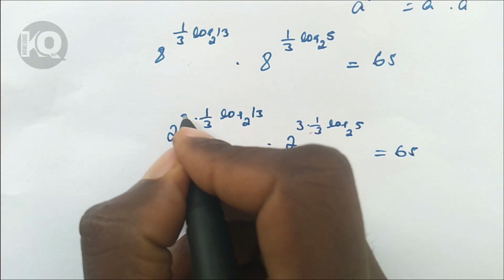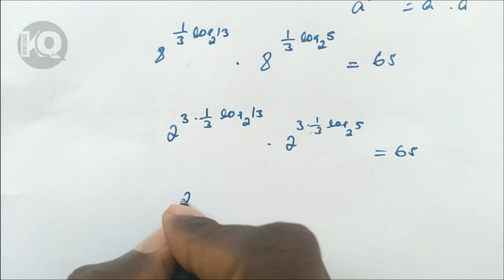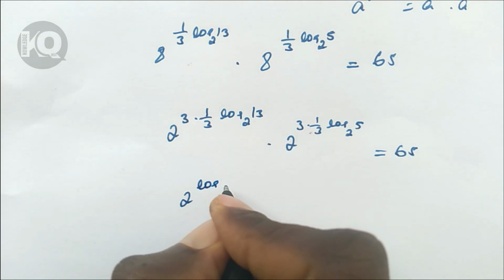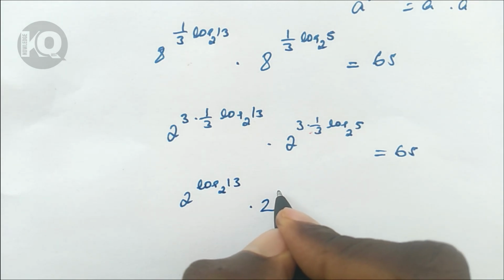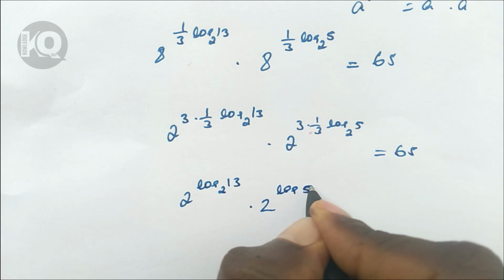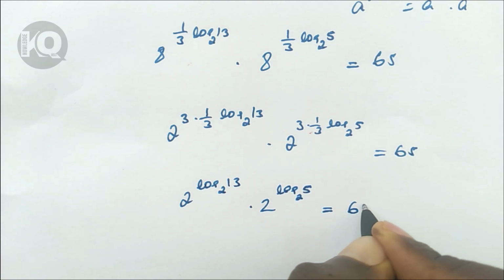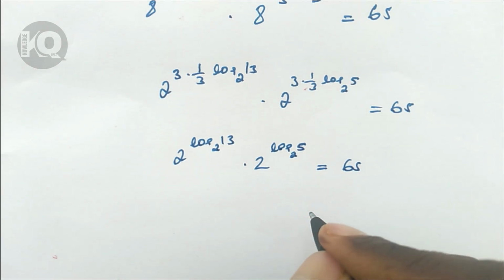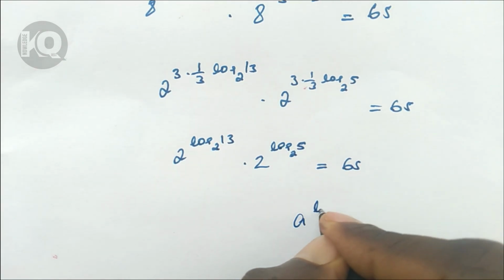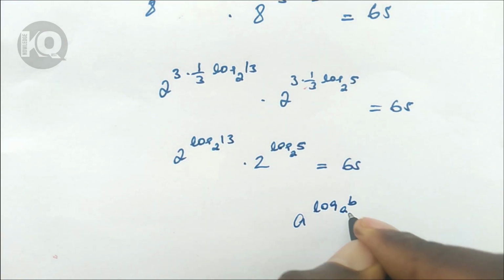Then this 3 is cancelled by this 3, so 2 to the power of log of 13 to the base 2 times 2 to the power of log 5 to the base 2 is equal to 65. So we know that a to the power of log of b to the base a is b.